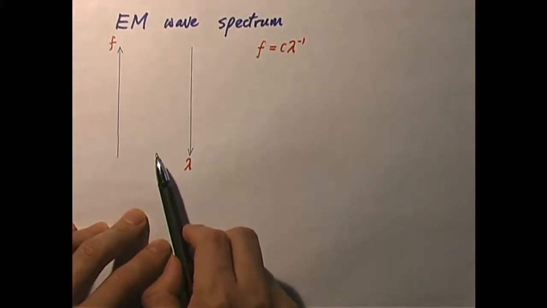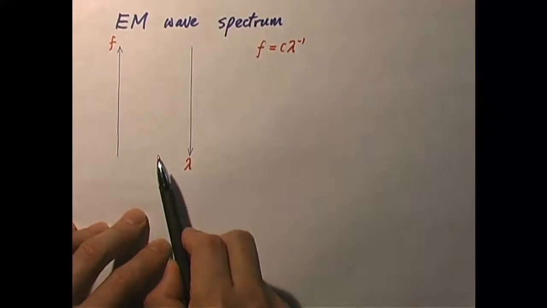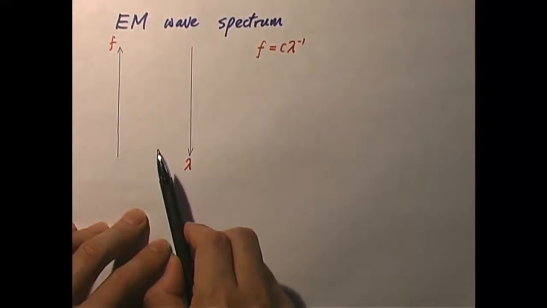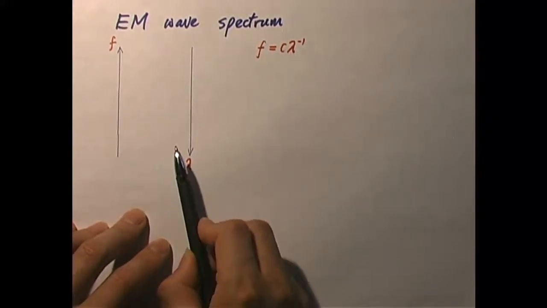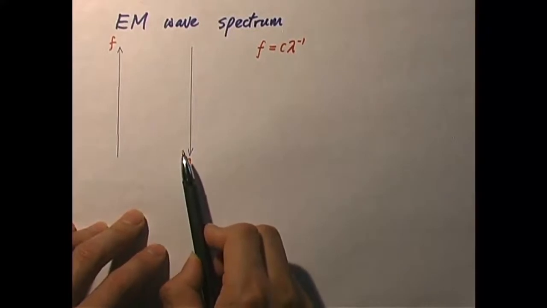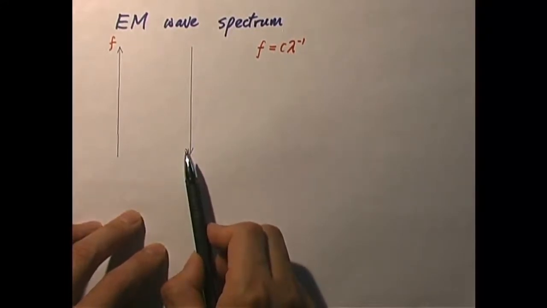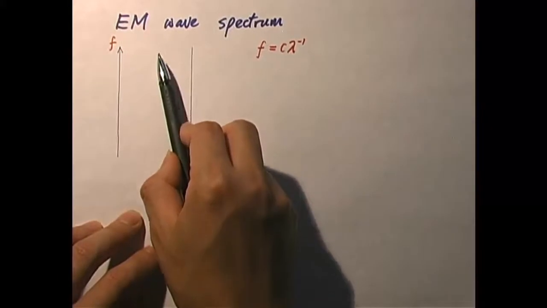The general rule of thumb is as we go up, the wave gets stronger. The individual packages of the wave, which we call photons, get more and more energetic. That is why UV light, which has a higher frequency and shorter wavelength than visible light, can damage your skin, and X-rays and gamma rays are even more energetic.